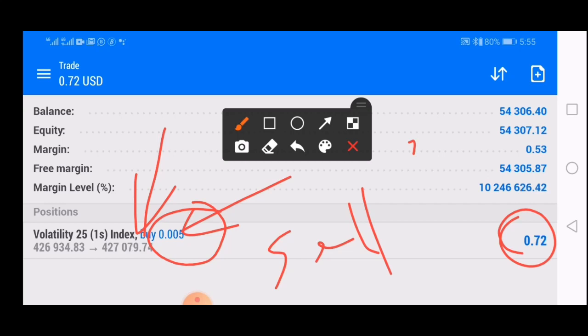If the first position is going in your favor, you have no reason to hedge. What you just need to do is you set your take profit and you close your trade on profit. But if it goes against you, that's when you need to hedge. Remember, hedging strategy, not all brokers allow hedging strategy.